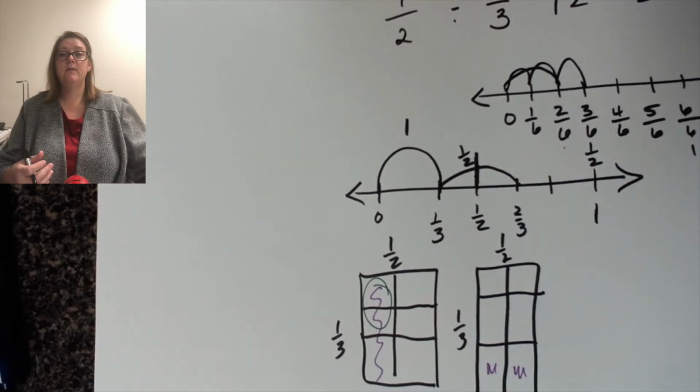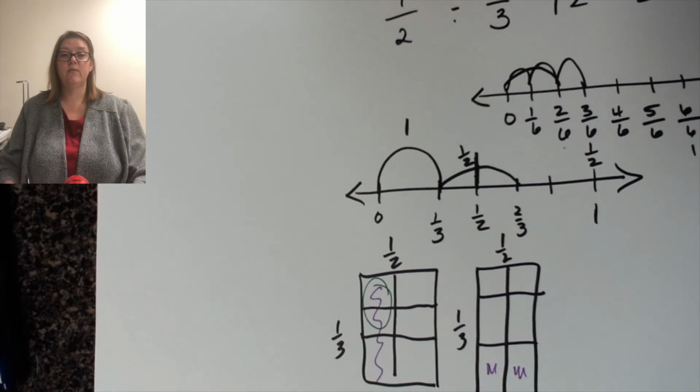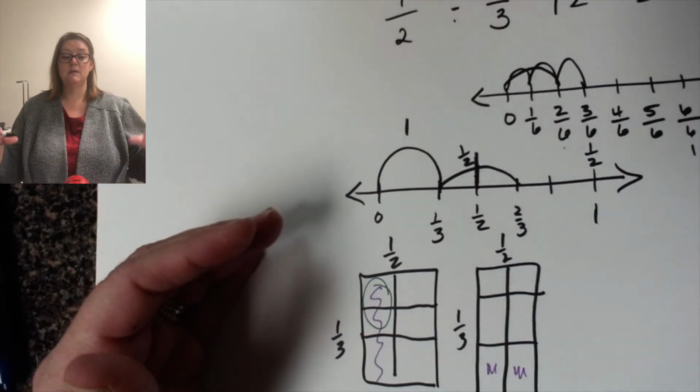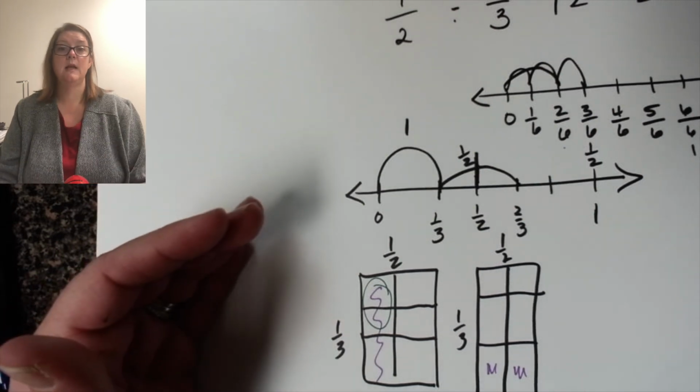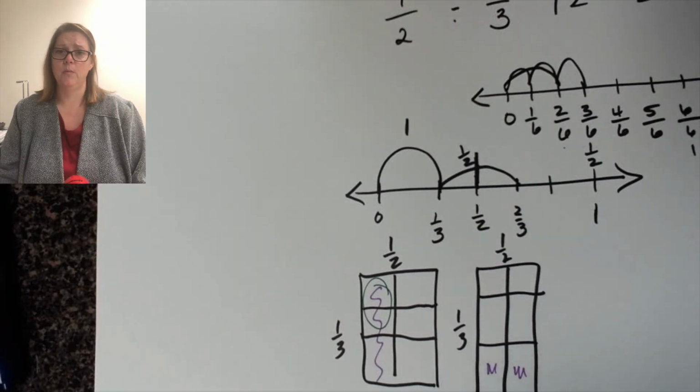Even if you don't use fraction squares or overlays, or if you use fraction tiles, however you may do it, please make sure that your kids are using the CSA model when they're working with fractions and they're seeing this, because like I said before, this multiplication and the equivalent fractions all tie into later on for ratios, proportions, those kinds of things. So giving them that opportunity to start to see this and to build on it and to understand, if nothing else, what that looks like on a number line. That is so important for our students.